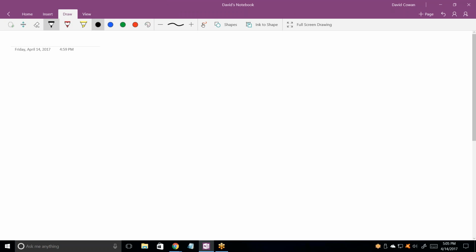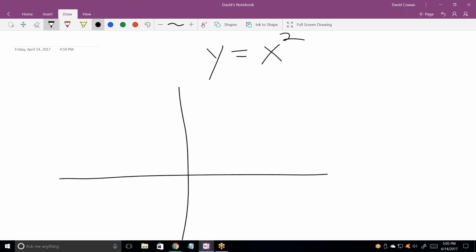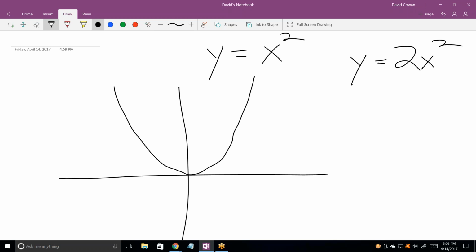If I have an equation y equals x squared, that's the most basic parabola. It looks like this. Now, if I told you y equals 2x squared, that means every point that's on the x squared is going to be twice as far away from the x-axis. In other words, if I have a point there, in red, it would be right there.